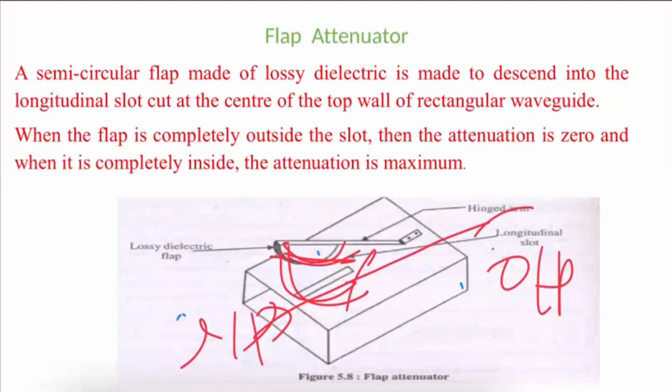Suppose all the 4 windows of your room are completely closed, then you feel there's no breeze entering your room. So that is maximum attenuation of the air when you are closing all the 4 windows. Okay, so this is about the flap type of attenuator.